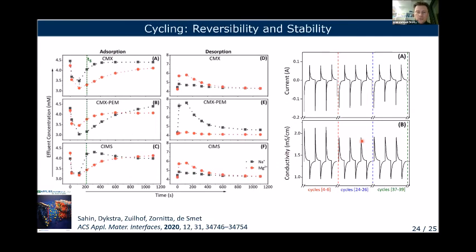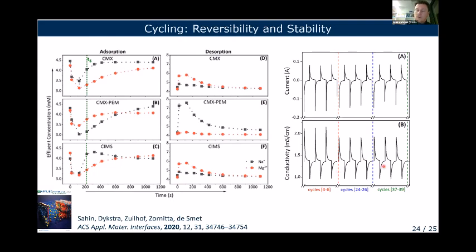Here you can see on this last data slide that apart from electroadsorption, the system is fully reversible, and we can also desorb the ions. So we can increase the concentration in the effluent again. And the last two panels show that after a few initial cycles where everything has to get stabilized, after a while we get a pretty constant concentration and current difference and conductivity difference.